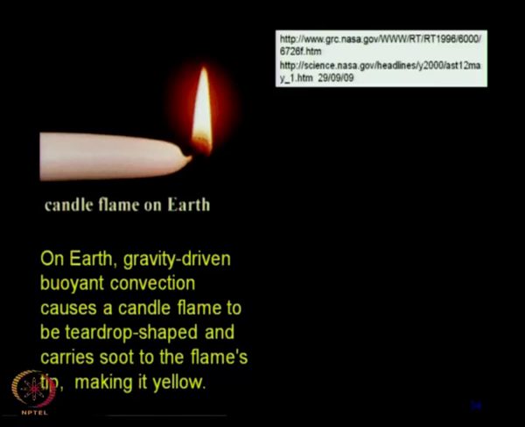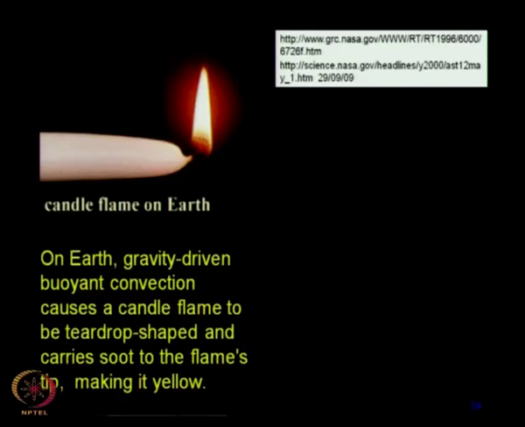So, gravity is important, right. It is against gravity that convection raises these hotter molecules to the top. So, gravity is essentially an integral element of the convective current process.